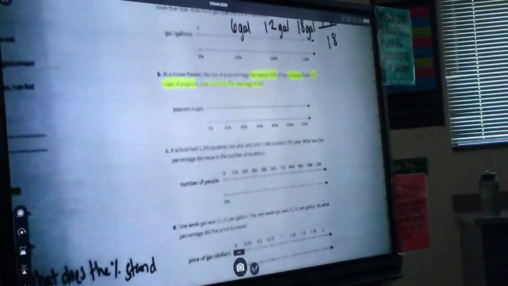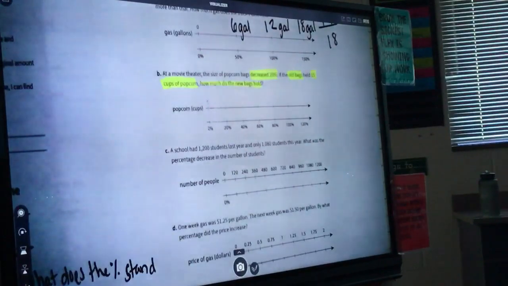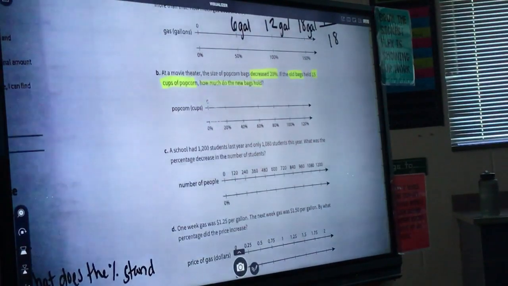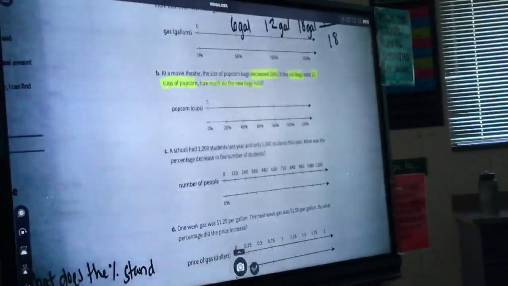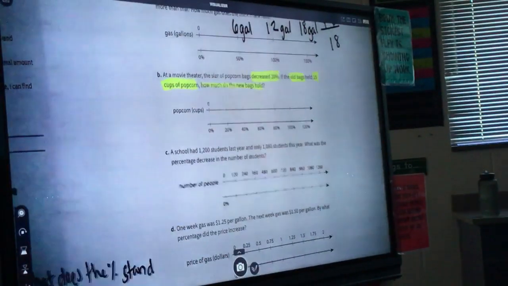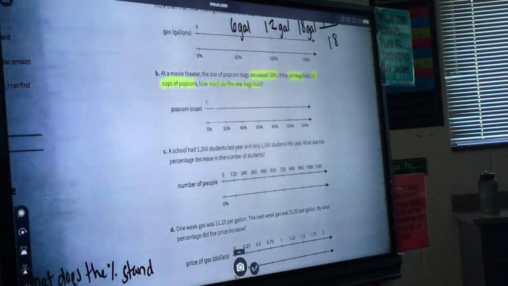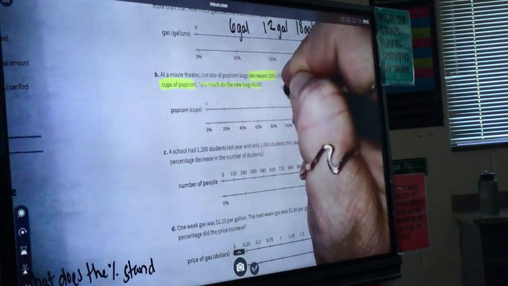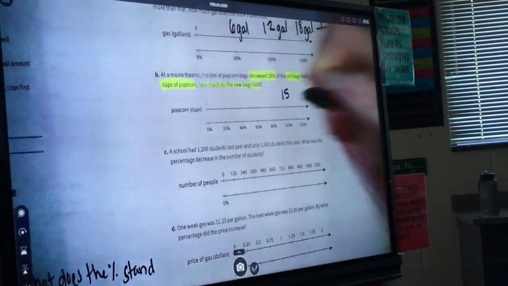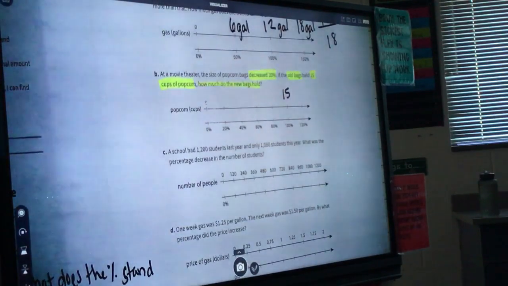So, what is 100%? Let's start with that one. What number are we putting above 100% on the top number line? Seth? 15. Does everybody agree? Okay. So, from here, how do I figure out what the increments of 20%, 40%, 60%, 80% are going to be?